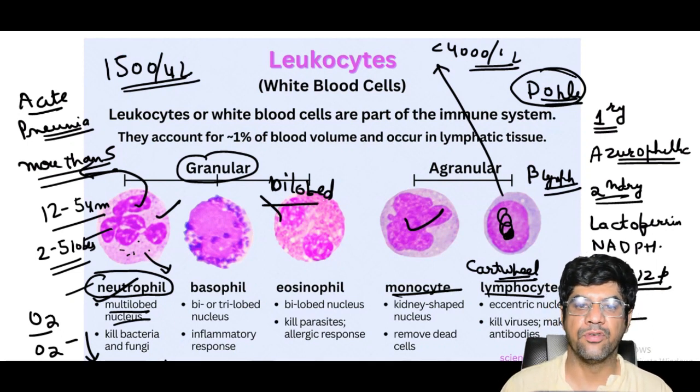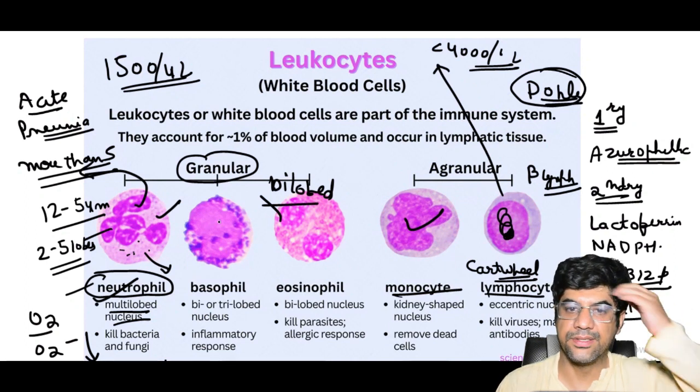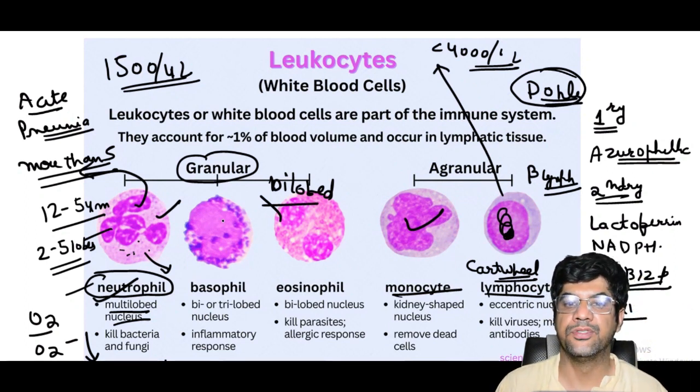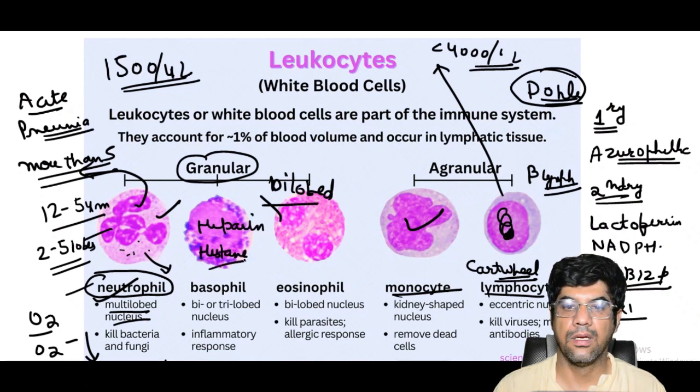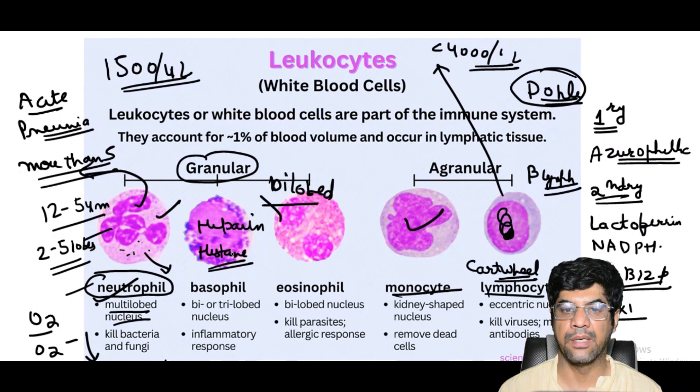Basophils, remember basophils, they resemble other mature granulocytes. They contain coarse basophilic granules. They contain heparin, histamine, their tissue counterparts are mast cells that release histamine on degranulation.